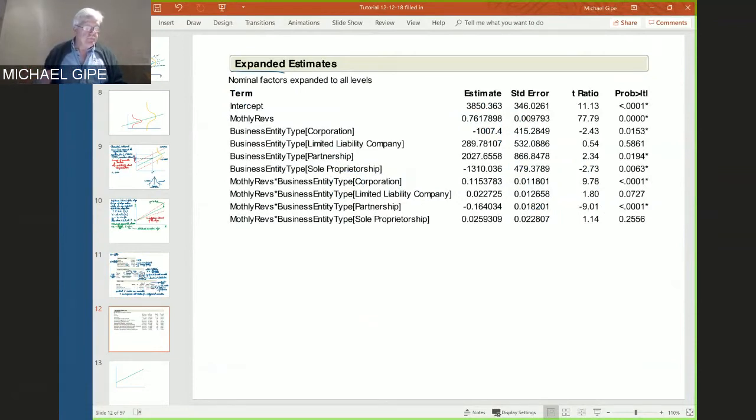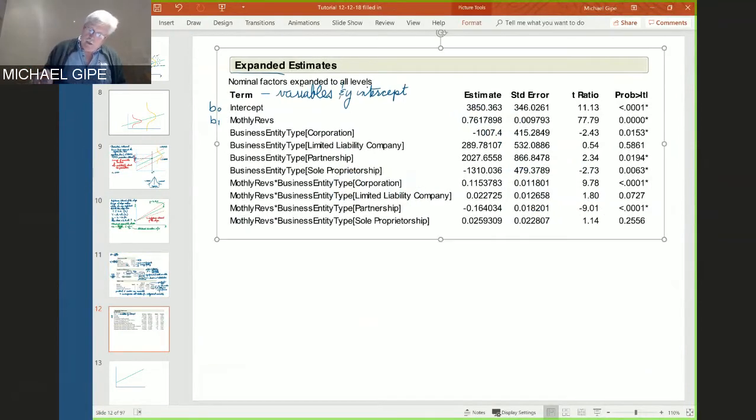So what do we have here? The first column, entitled term, is talking about all of the variable coefficients, the X variables, and the y-intercept. And so the intercept, of course, is what we would call the B0 value. The monthly revenues is our first X variable. So the estimate for monthly revenues is B1.